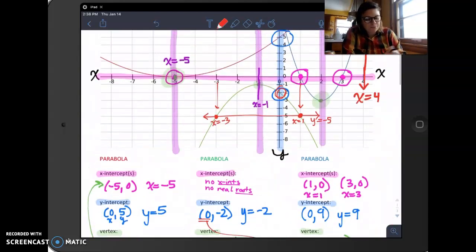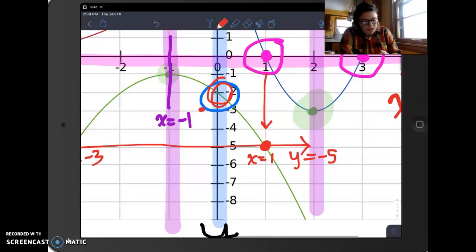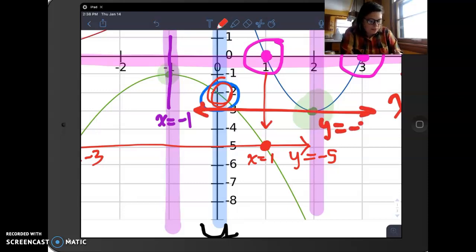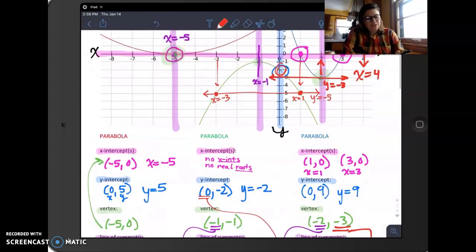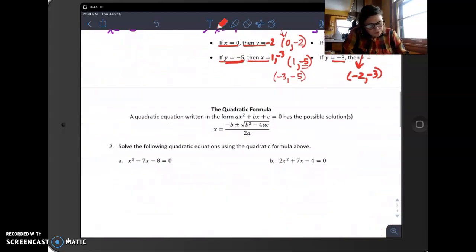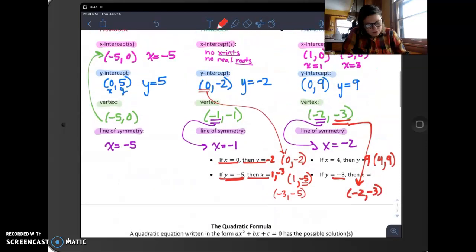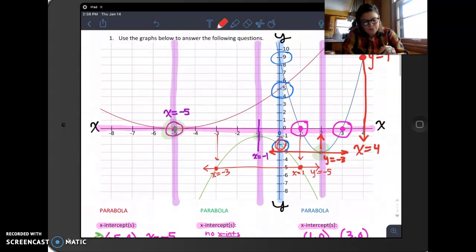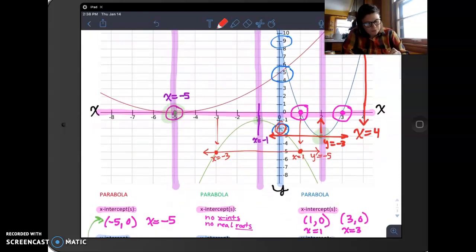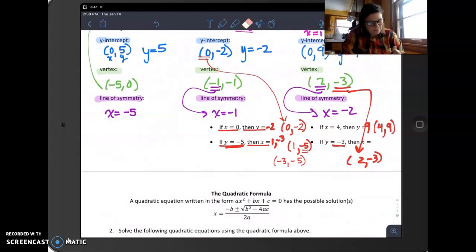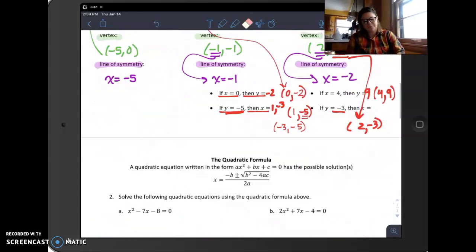But also, we can see that y equals -3 right here, and 2 is the x value at that point. All right, so, did I put -2? That's +2. Okay, well, this should be a +2 then. My bad. Okay, no big deal.